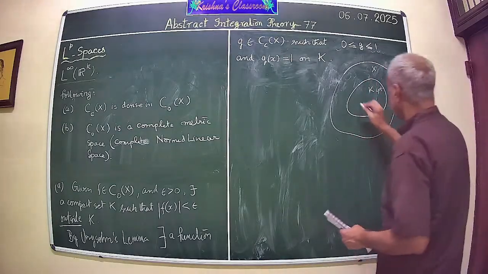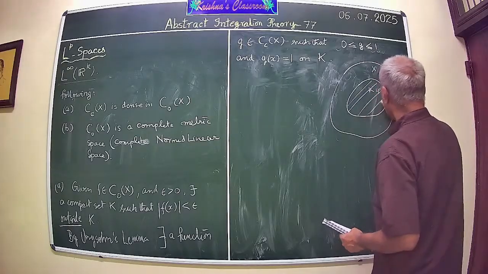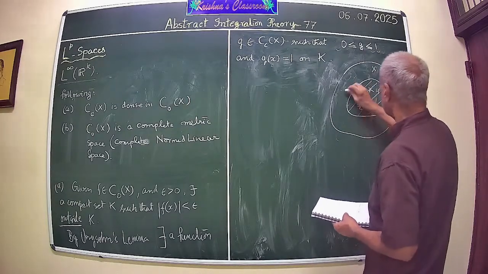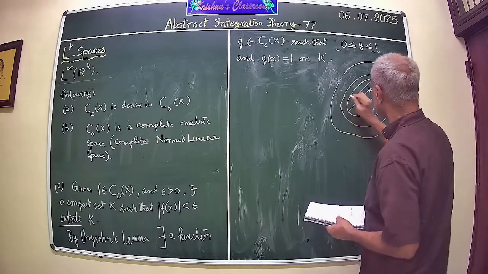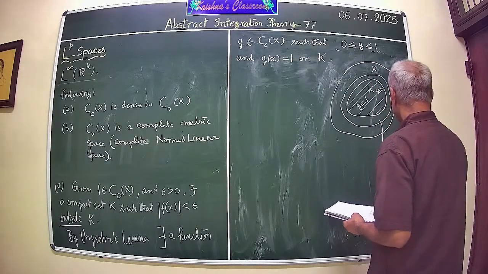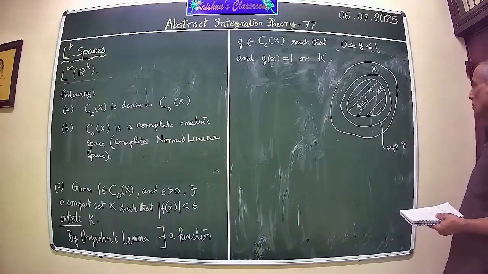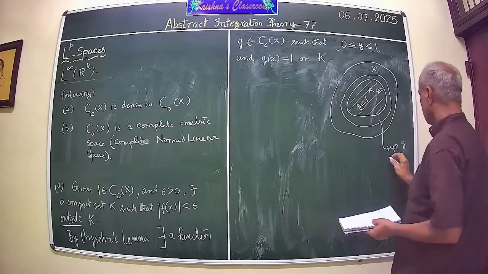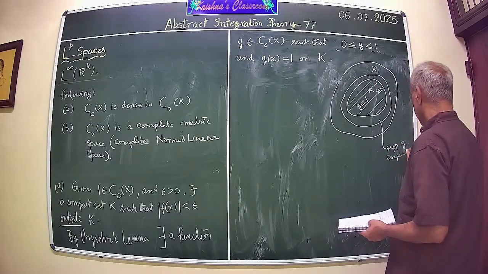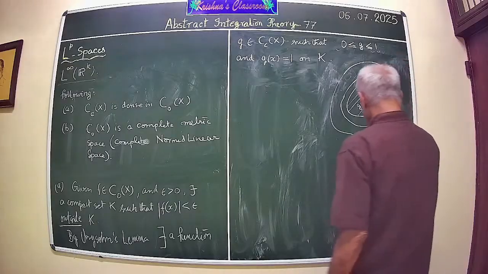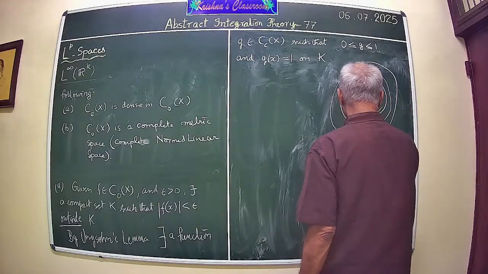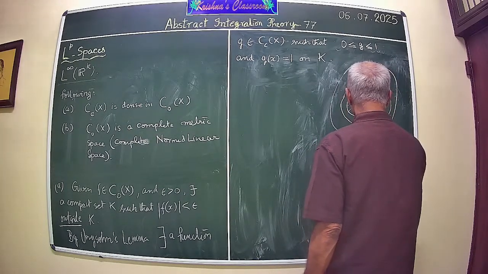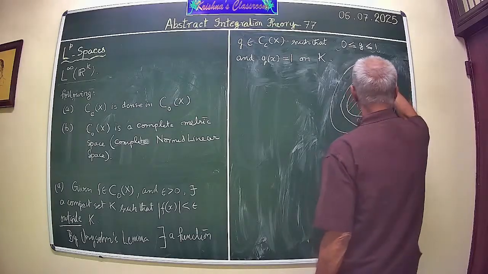So you have a function g identically equal to 1 on K, and there is a support for this, some compact subset, such that g lies between 0 and 1, and outside this g is identically equal to 0.